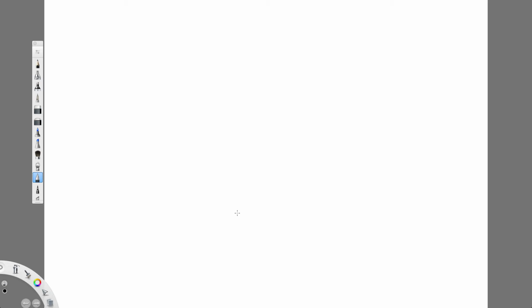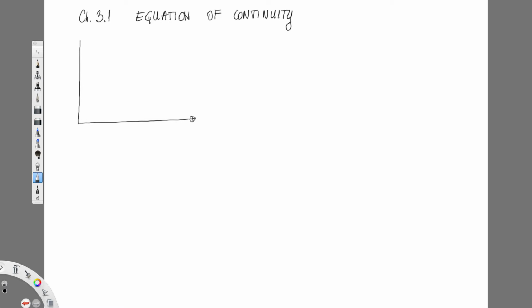Equation of continuity, chapter 3. So I have a Cartesian coordinate system and I have a volume element. See what I mean by bad drawing?